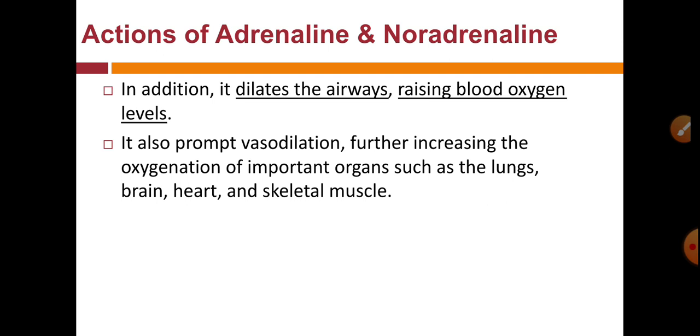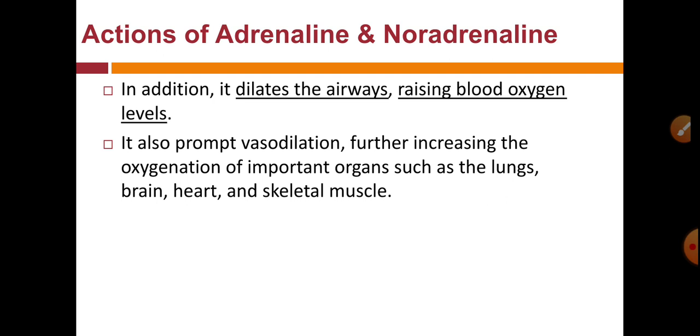They also prompt vasodilatation. That means adrenaline and noradrenaline are responsible for immediate vasodilatation, and this causes increased blood flow, and when there is increased blood flow there is an increased oxygen supply to important organs of our body.